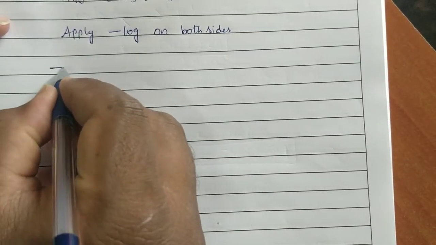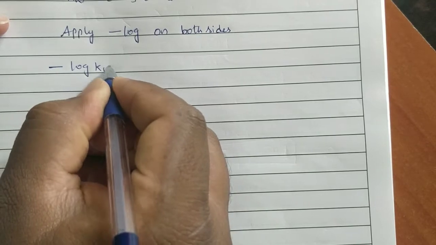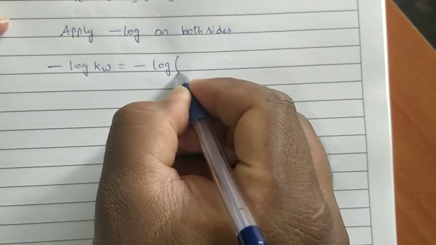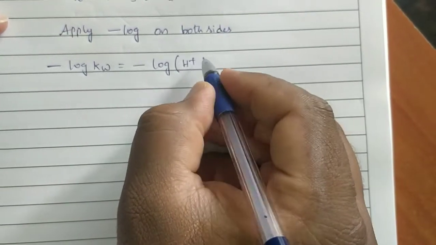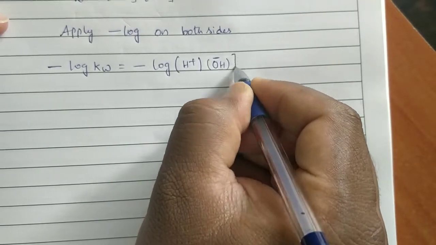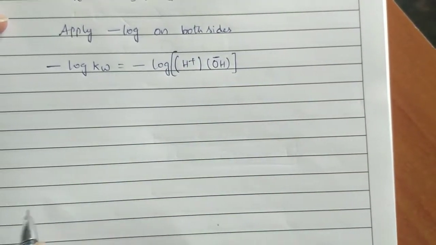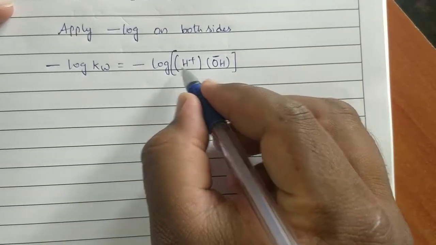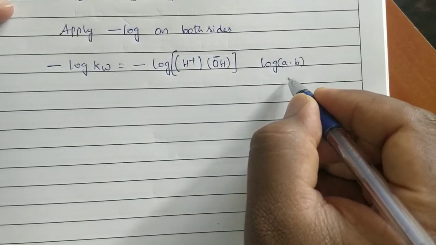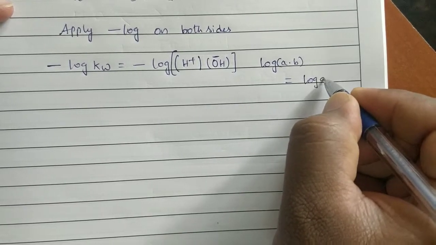It will be formed as minus logarithm of Kw is equal to minus logarithm of H plus into OH minus. This is in the form of log A into B. Log A into B is equal to log A plus log B.